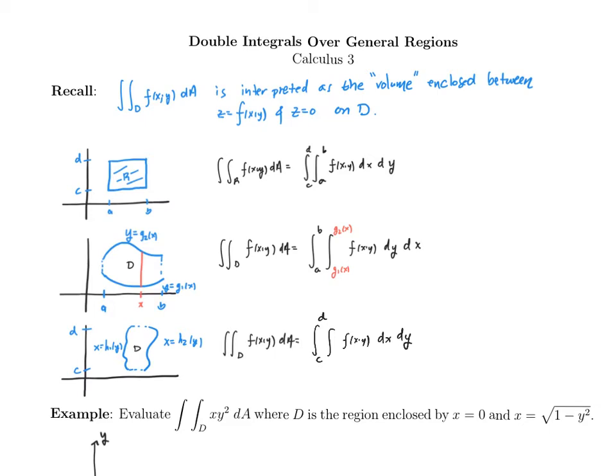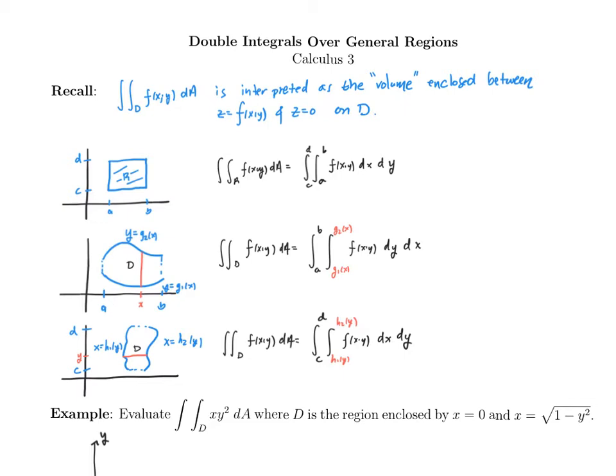And on the inside, we can note for a generic y value between c and d, how do those corresponding x values vary? And they vary along horizontal line segments, going from a lower value h1 of y to an upper function h2 of y. And that gives the lower and upper limits of integration respectively. And the thought process of going from a region to this iterated integral is one of the most important concepts in this section.